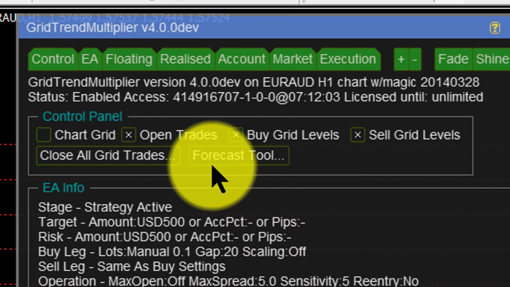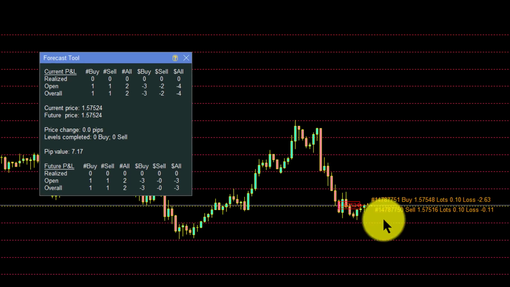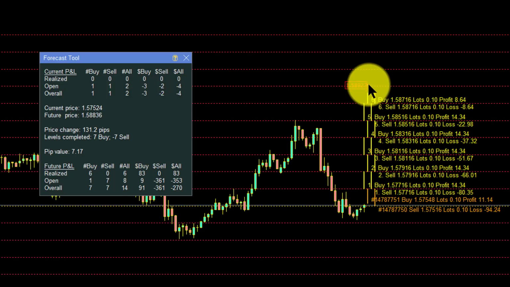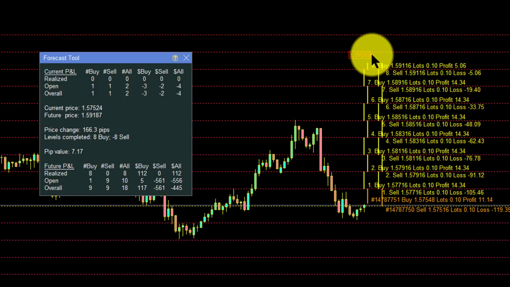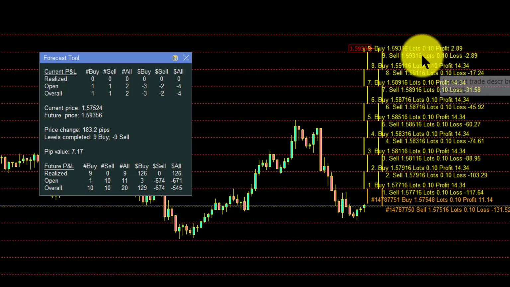So you click on this button over here, and it opens up a table that will tell you what the profitability of your trading is should the price move. There's a price element there, and I'm going to move this price element up, and you can see the table follows, and after 9 grid levels it tells you what the status is of the buys and sells.